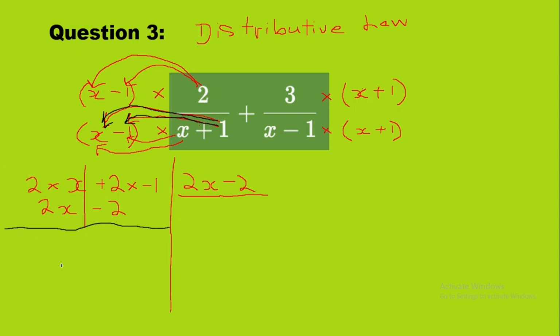So x multiplied by x would be x times x, and we're going to have plus x times negative 1, because it's a positive x.